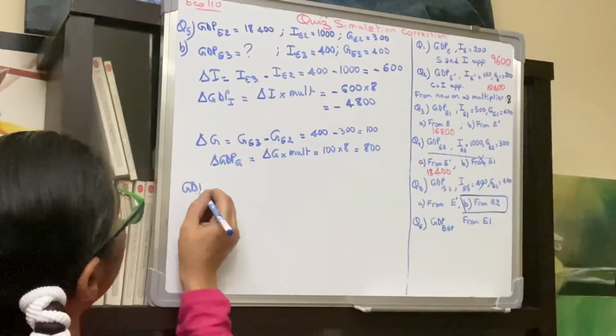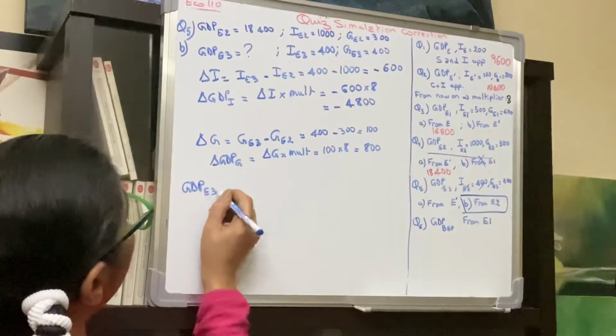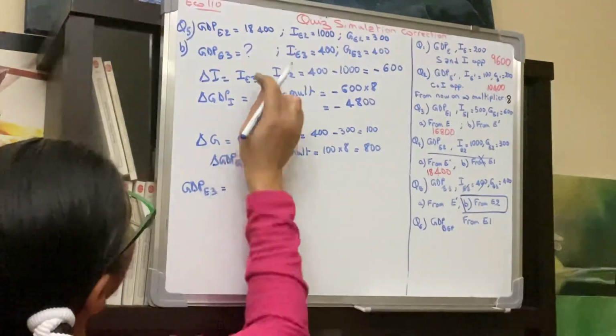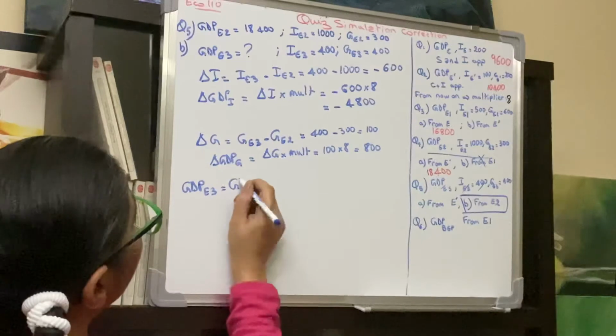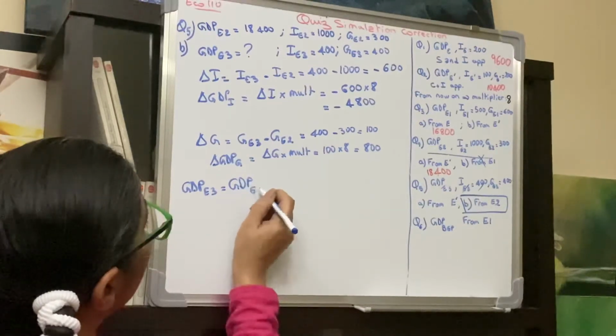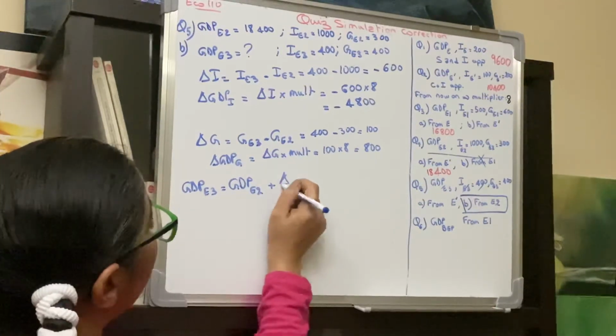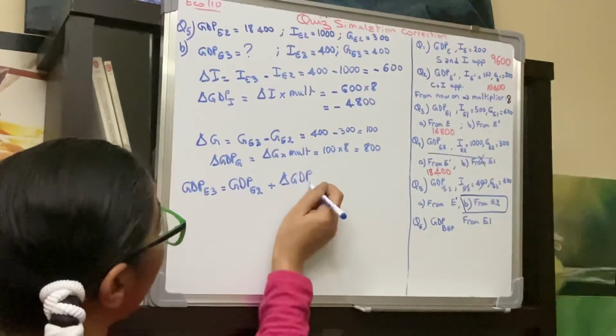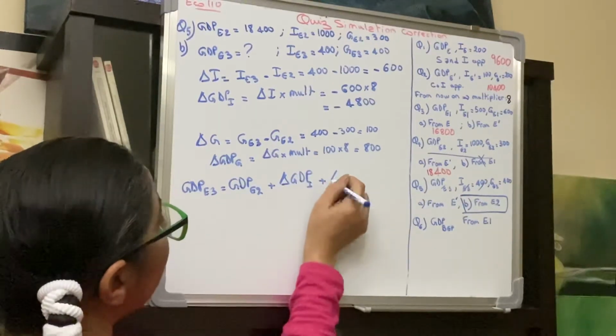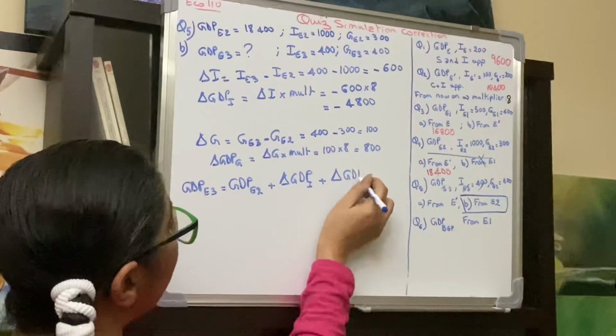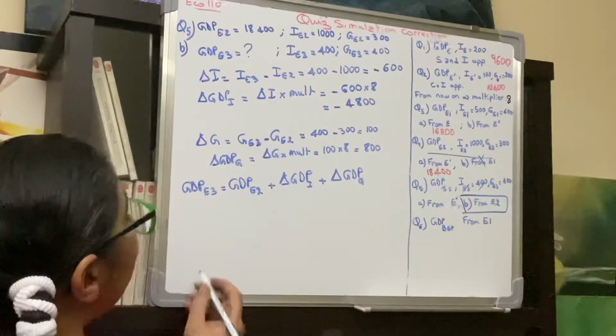So GDP at E3 is equal to GDP at E2 plus delta GDP due to the investment plus delta GDP due to the government.